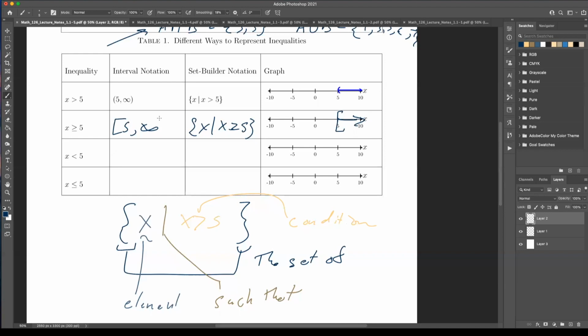Oops, infinity always has the parentheses. The bracket means including, the parentheses means not including that number. So here we're going to have from negative infinity, which we never include, up to 5, not including. So this means not including it.